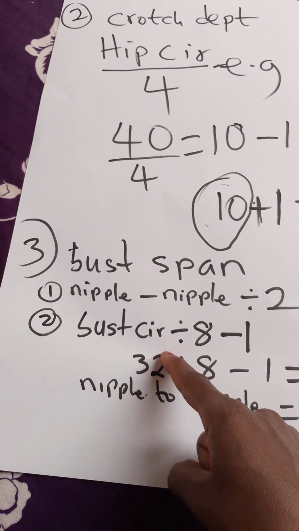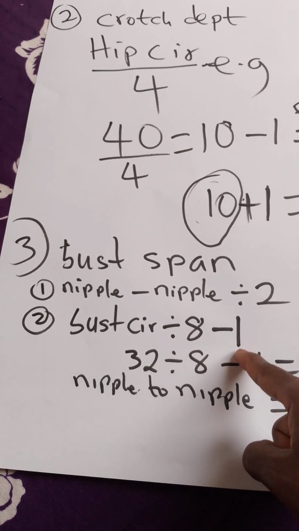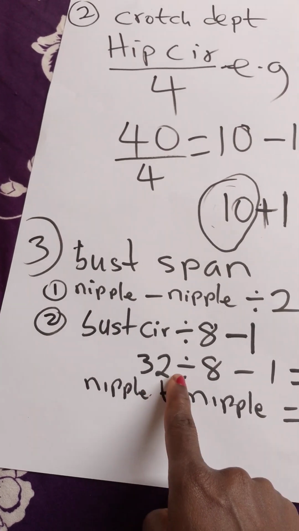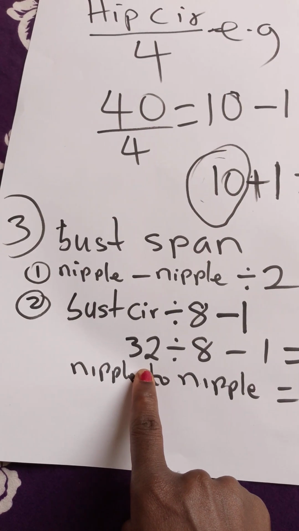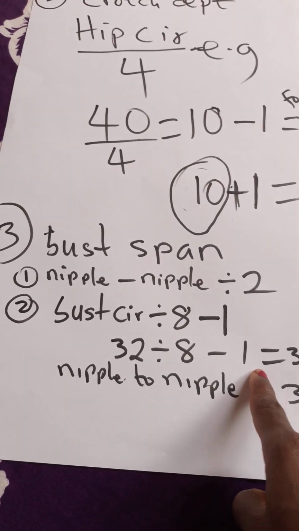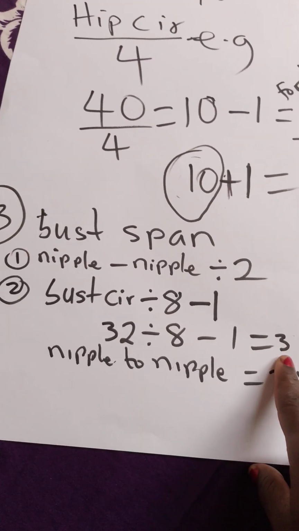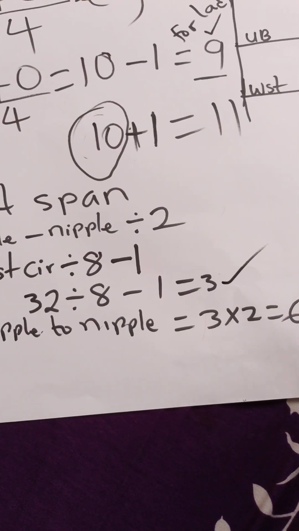You take the bust circumference, you divide it by 8, you remove 1 from whatever you have. Like here, a bust circumference of 32, for instance, 32 divided by 8 minus 1 will give you 3, right? So this 3 now is your bust span.